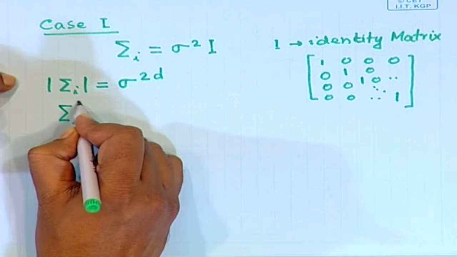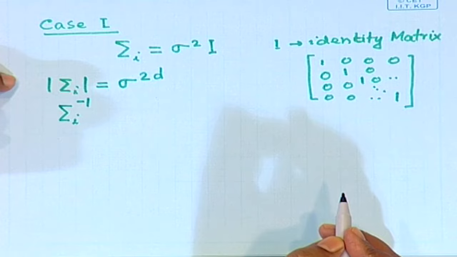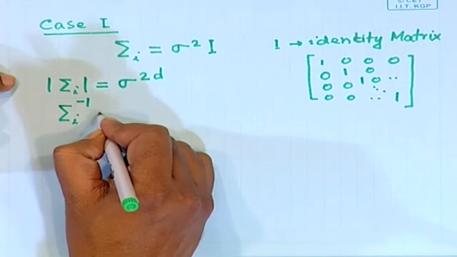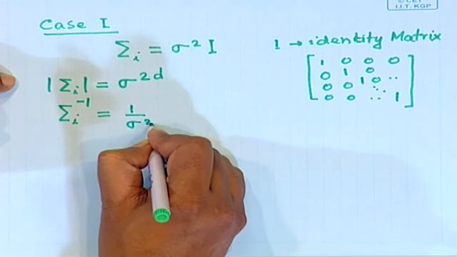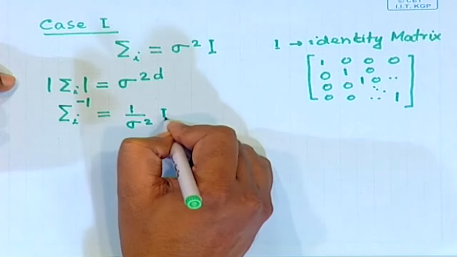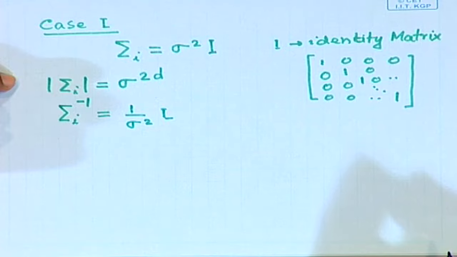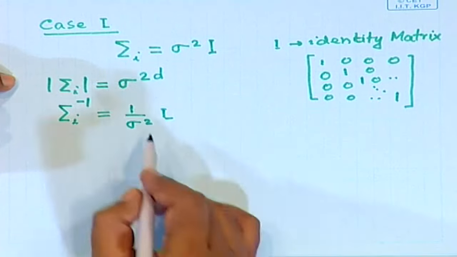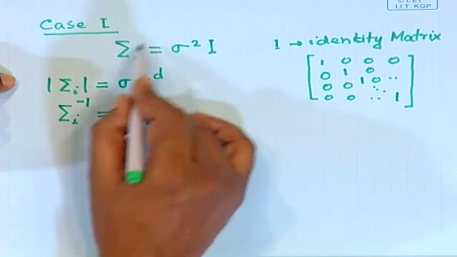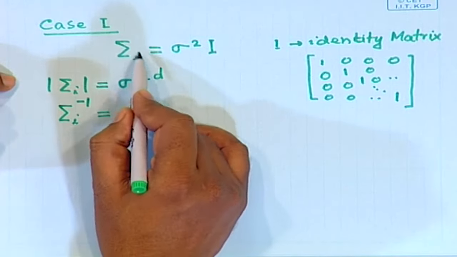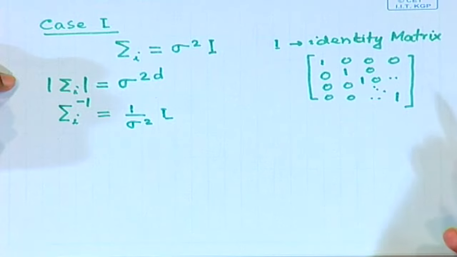Okay, and it is also quite obvious that the inverse of the covariance matrix, that is sigma i inverse, will be nothing but 1 upon sigma square into identity matrix I. Okay. So in this case 1, the covariance matrix is the same for all different classes. Okay.